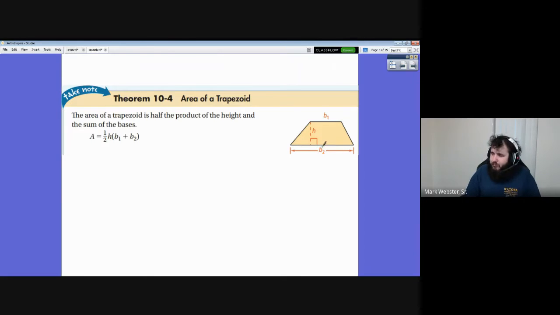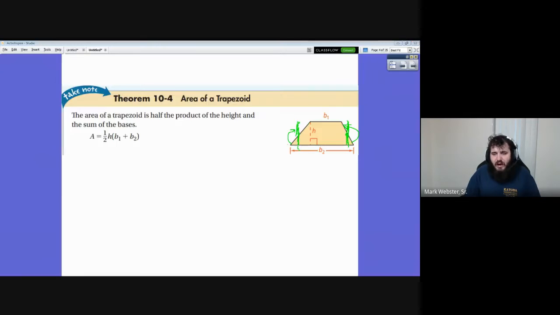See, because what a trapezoid is, imagine for a moment if we took this side and cut it down the middle. We took this side and we cut it down the middle. And we swung this up. And we swung this up. We get a rectangle. That's what a trapezoid is. It's just a rectangle that's a little bit melted, you know.